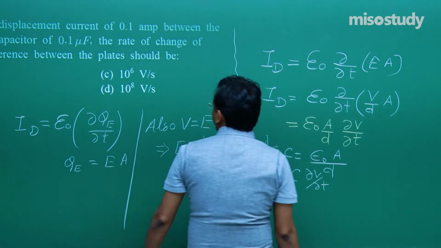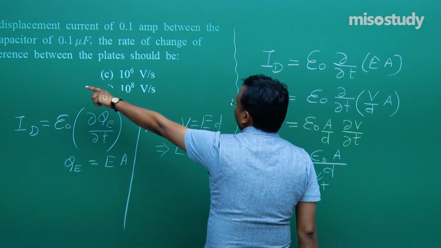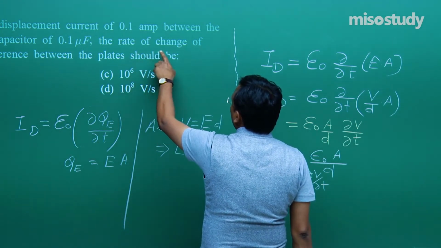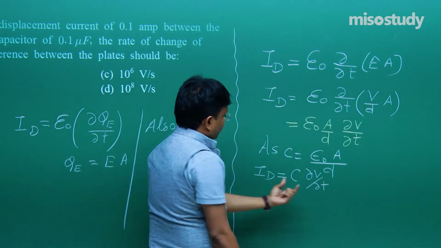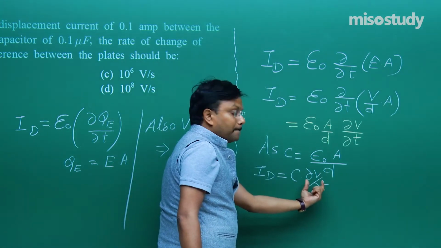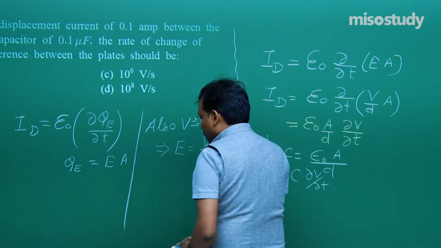Fine. What exactly are we supposed to find? We are supposed to find the rate of change of potential difference, that is del V by del t. Fine. So what I will do?